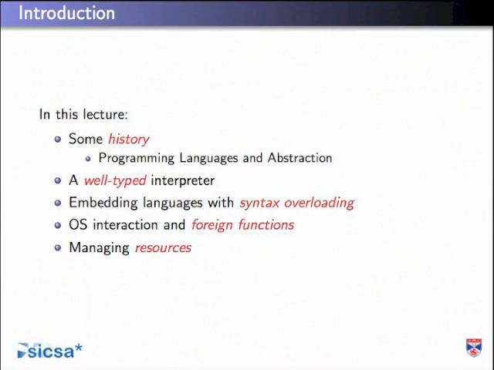I'm going to start with a little bit of history of programming languages and abstraction. Then we'll go on to one of the hello world examples of dependently typed programming, the well-typed interpreter. This is an interpreter for a simply typed lambda calculus where programs, just by their existence, are proof that they are type correct. I'll show you an example of that.